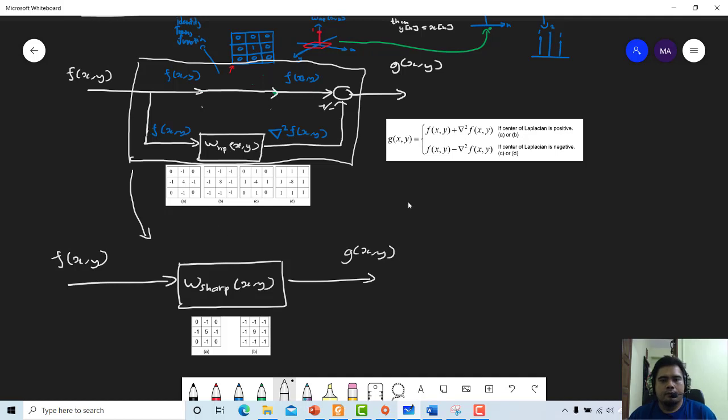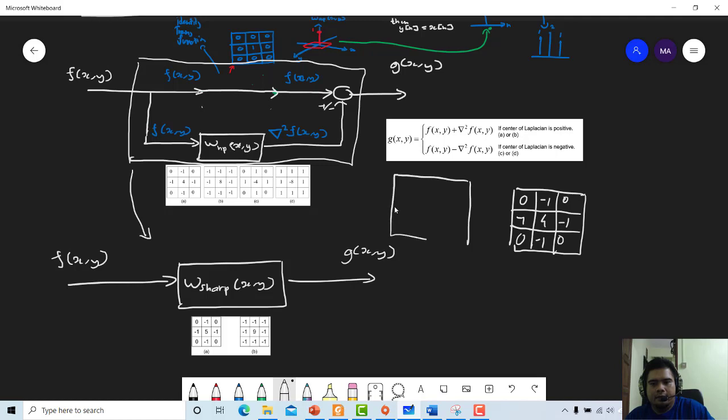This is my high pass filter A over here: 4, minus 1, minus 1, minus 1, 0, 0, 0, 0. And then I have my all pass filter, where the rest is 0, only the center is 1.